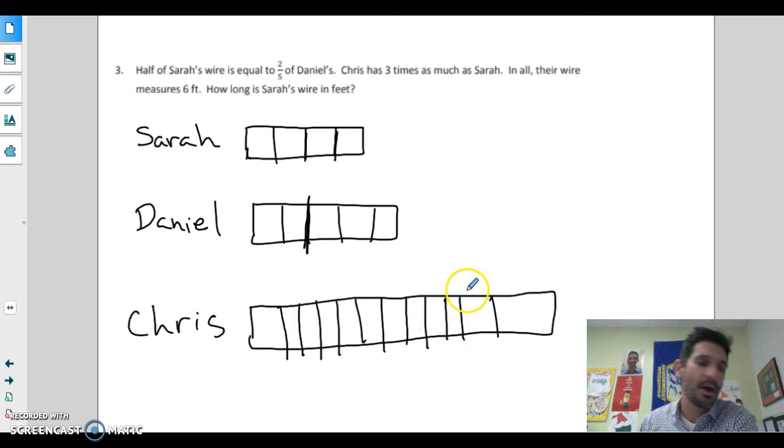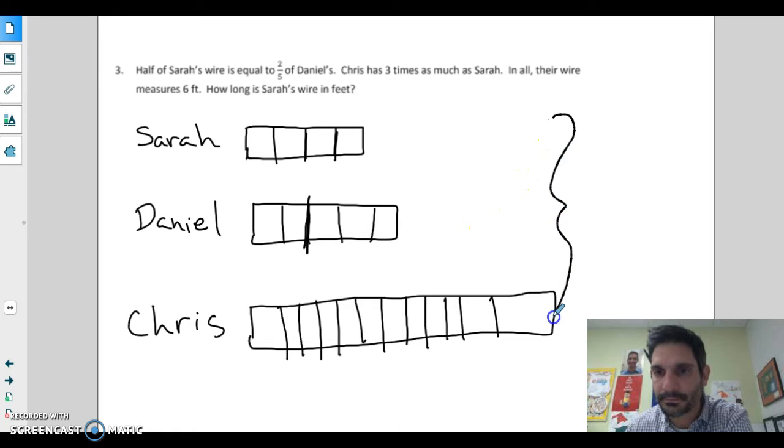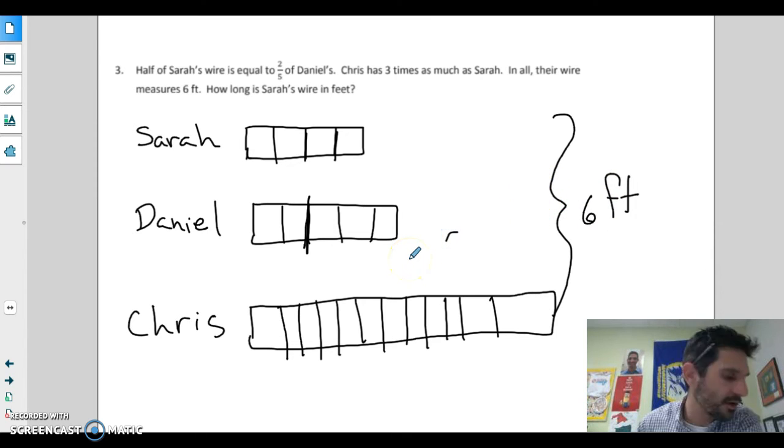Oh, those are ugly. Okay, so now it says in all they measure 6 feet. Okay, so it says how long is Sarah's wire? So first of all, I got to figure out how many pieces total do I have. Well, this is 12, 13, 14, 15, 16, 17, 18, 19, 20, 21.